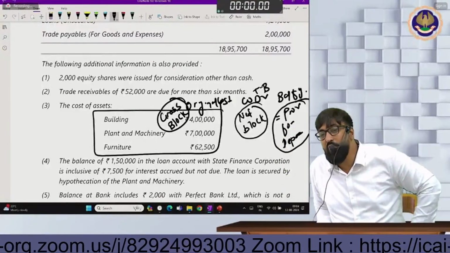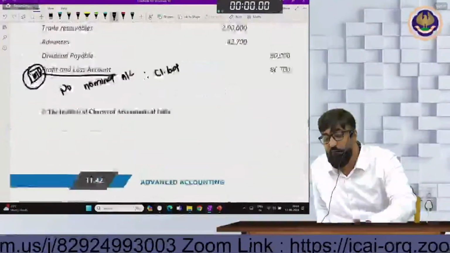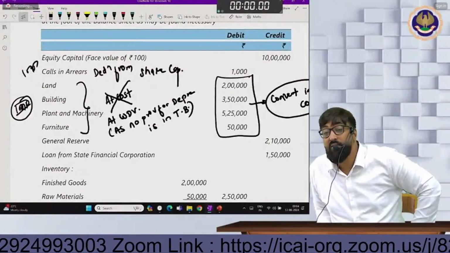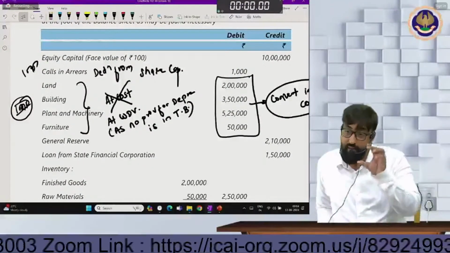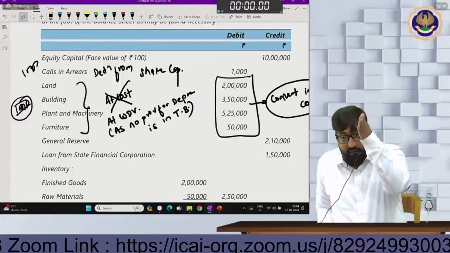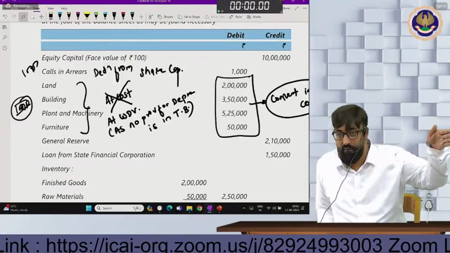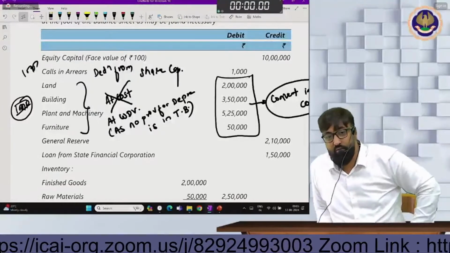This is how you are going to present the answer. Will you show it at WDV or at original cost? I need to show it, sir, at original cost. Then you will present it in the format: gross block, accumulated depreciation and net block. Got the concept? Yes, sir. Very simple. Chalo. Next.